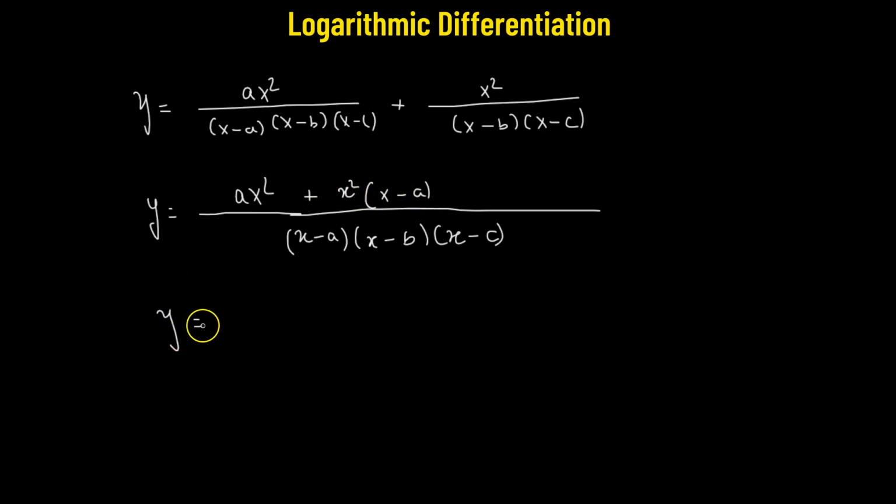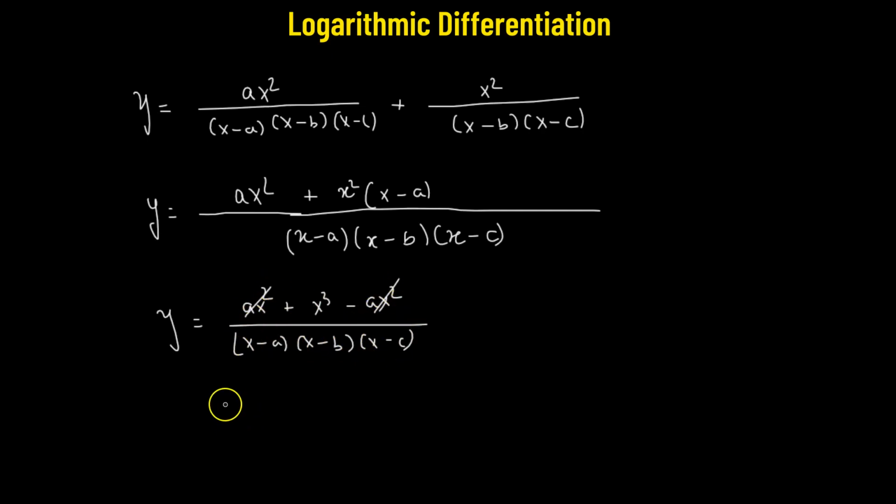So that means we have ax squared plus x cubed minus ax squared in the numerator, which will be divided by x minus a times x minus b times x minus c. So here ax squared and negative ax squared get cancelled out, and our simplified form of y will now be x cubed divided by x minus a multiplied to x minus b times x minus c.